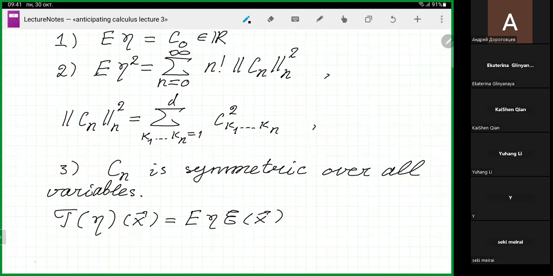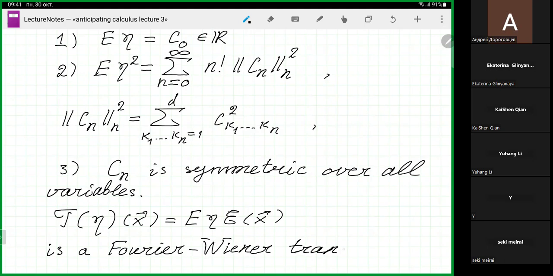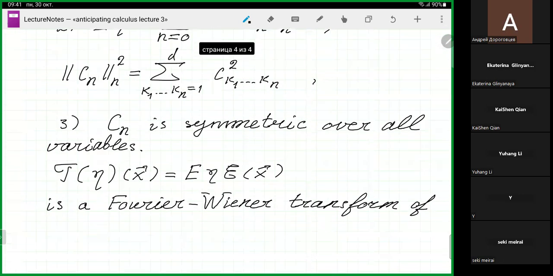This is a Fourier-Wiener transform of eta.